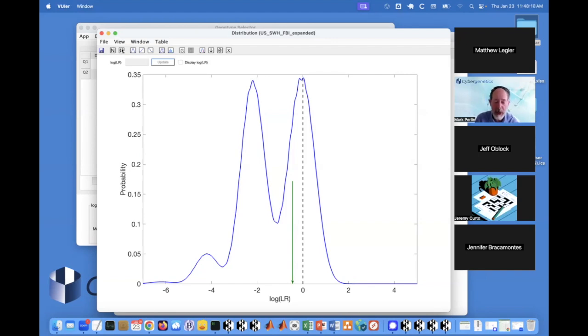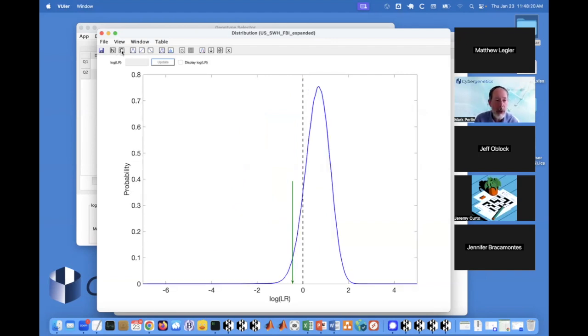Could you turn off that distribution and turn on the contributor distribution? Well, that match statistic of -0.5 also looks like it's in the contributor distribution. And if you turn both on, you see that there's the interval of overlap between these two distributions that goes from around -1.5 out to maybe +1.5. It can't distinguish between the two.